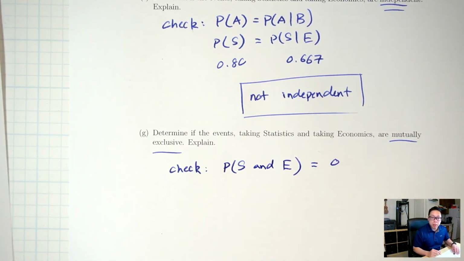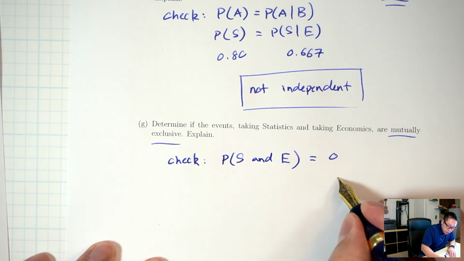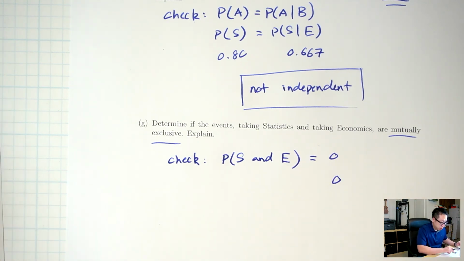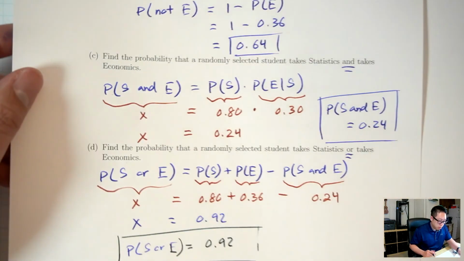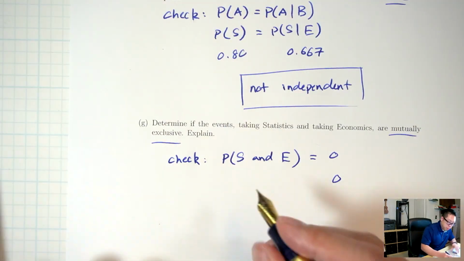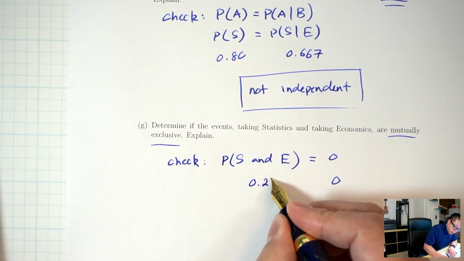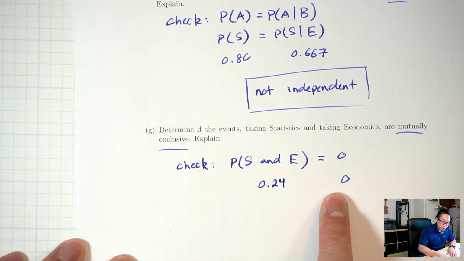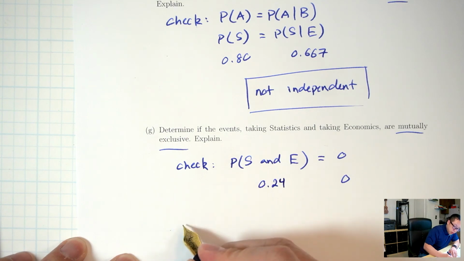Check left side, check right side. Right side's easy, it's 0. Left side, S and E. We probably did that somewhere already. S and E is right here in part C. It's 0.24. Our conclusion, they're definitely not equal, which means they are not mutually exclusive.